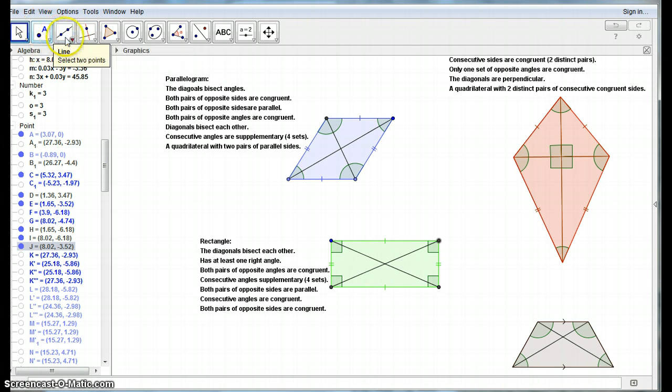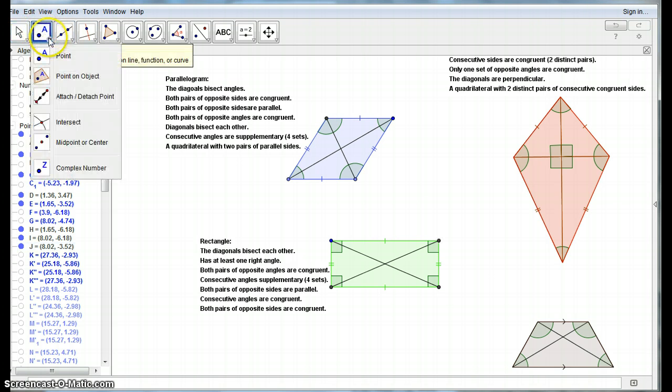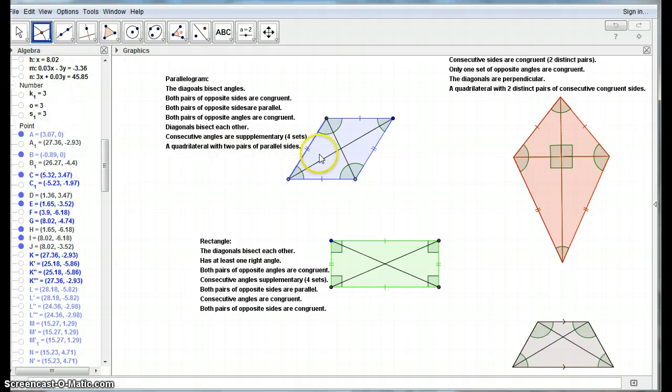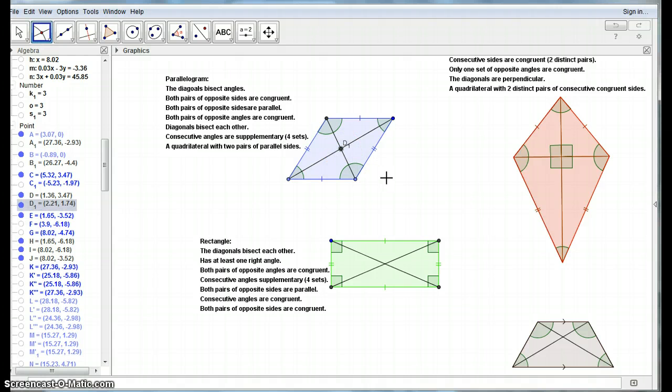I'm going to make an intersection point between these two diagonals, and that will allow you to put segments over them.